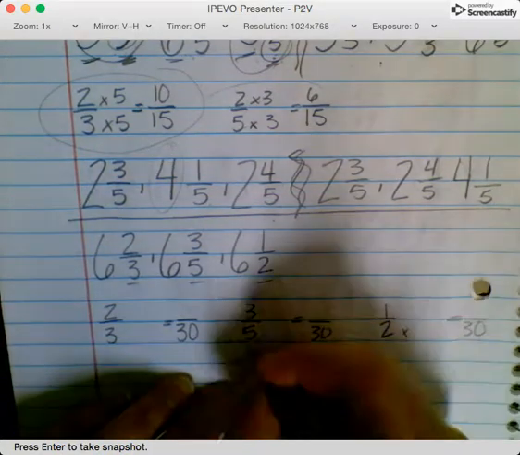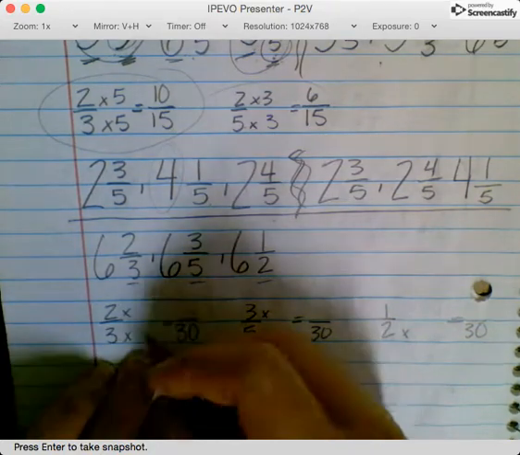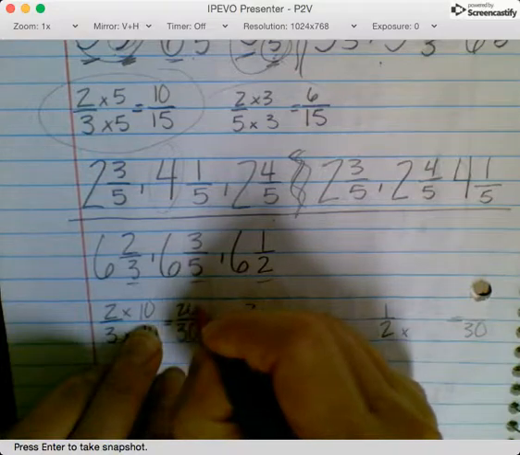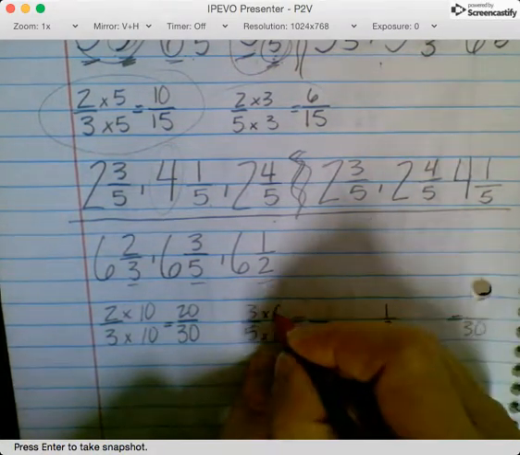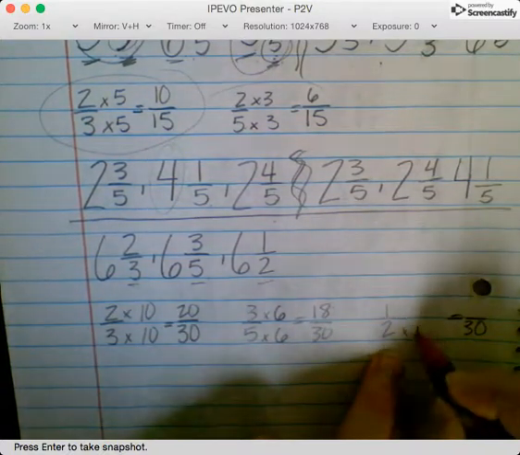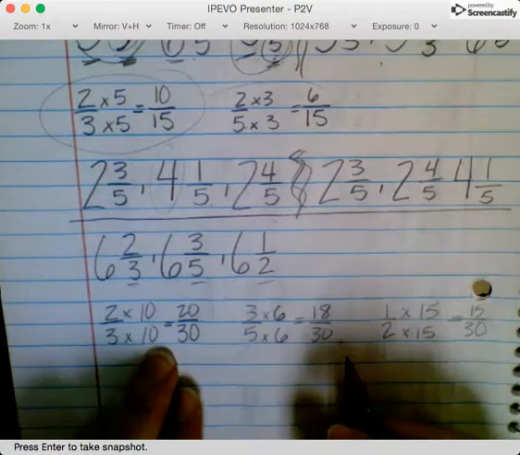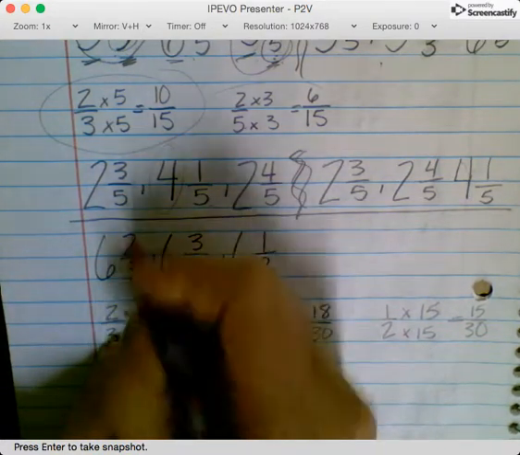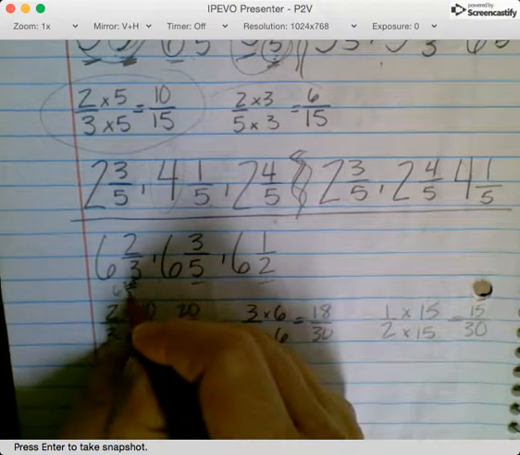So in order to do that, remember I use multiplication to make equivalent fractions. 3 times 10 is 30. That means I take 2 times 10, which is 20. 5 times 6, that means I take 3 times 6, which is 18. 2 times 15, that means I take 1 times 15. Okay, so now I have my numbers as reference points. So this one is 6 20/30.